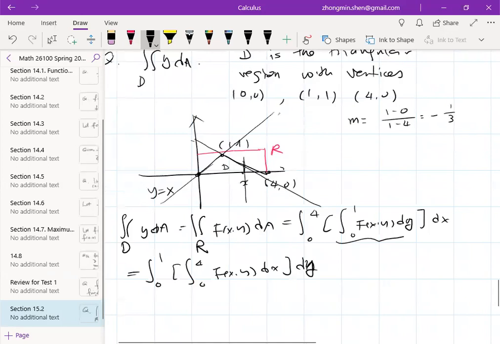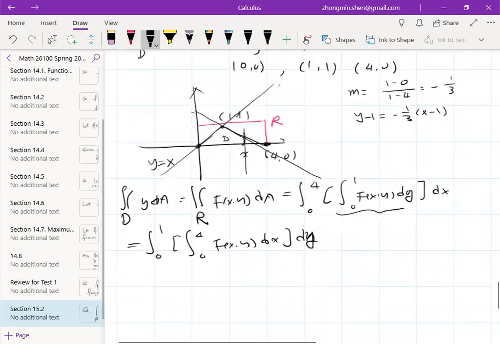So the equation will pass through the points (4, 0) and (1, 1), so y minus 1 equals negative 1/3 times x minus 1. Right? So that's the equation. For the fixed x, the y value will be given by that formula.